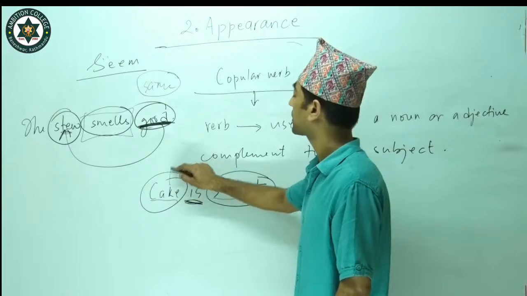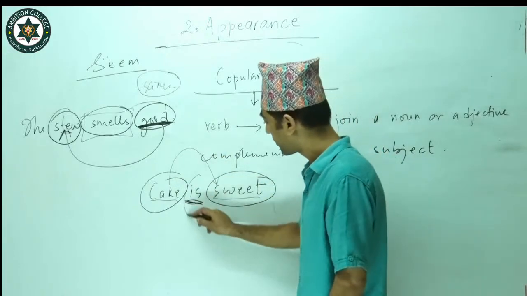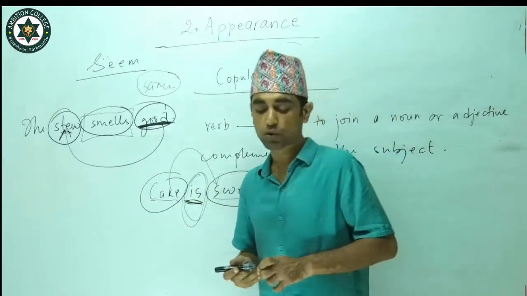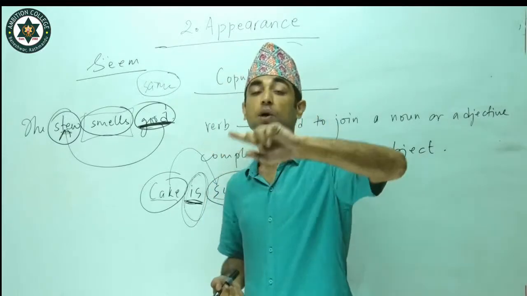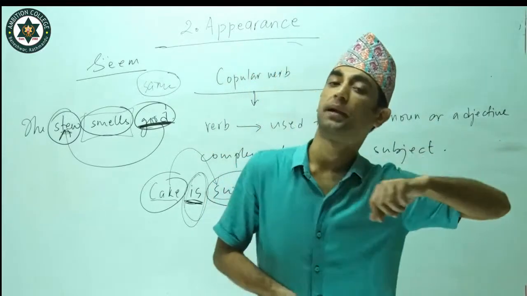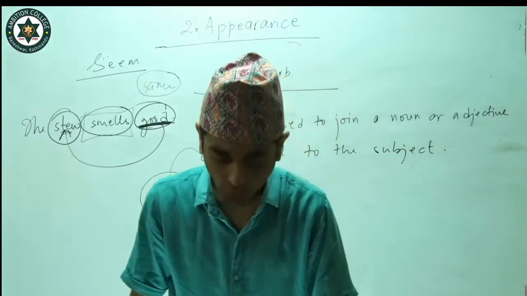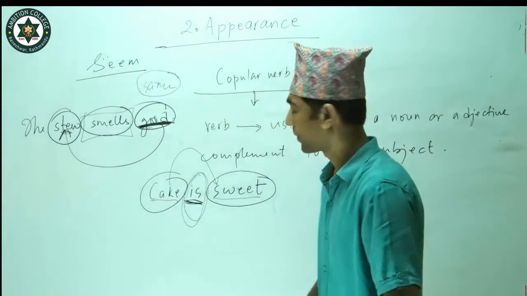And now this subject is joined to its complement with the help of a verb. And this verb which joins the adjective or the noun complement to the subject, we call the copular verb.